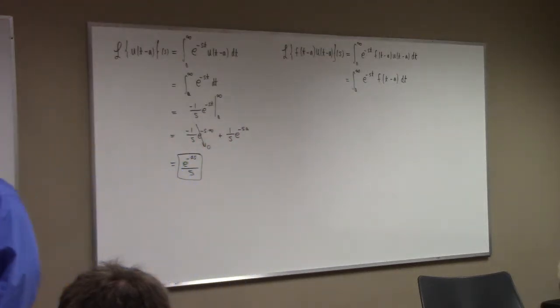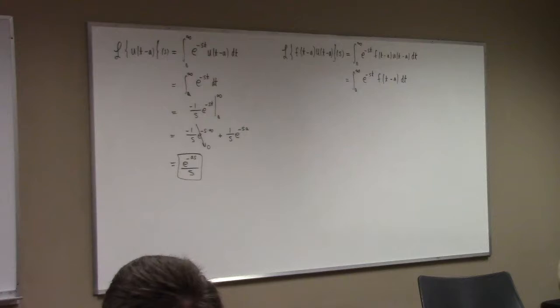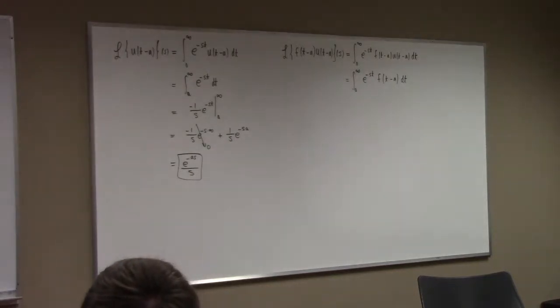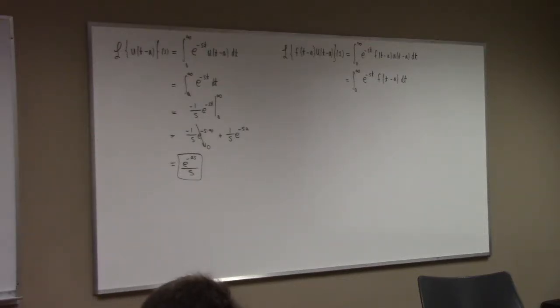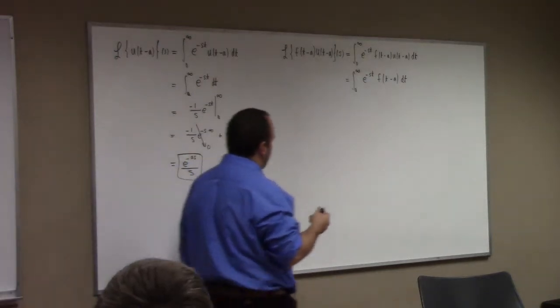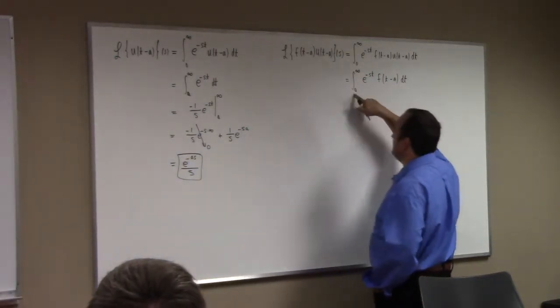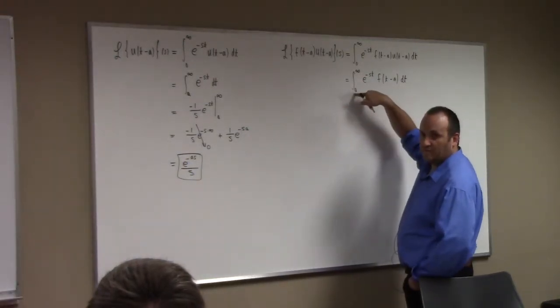So at this point, what I want to do is make a substitution so that this looks like a Laplace transform of something, right? So that means I need to change the lower bound to 0 somehow. What would change this a into a 0? What substitution would do that?